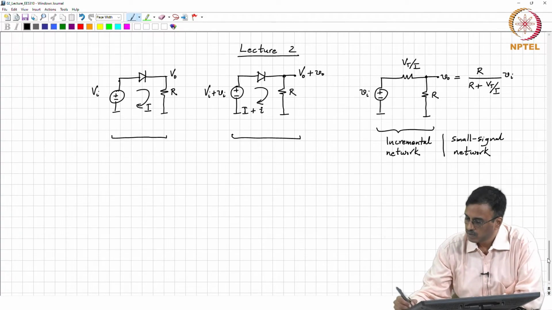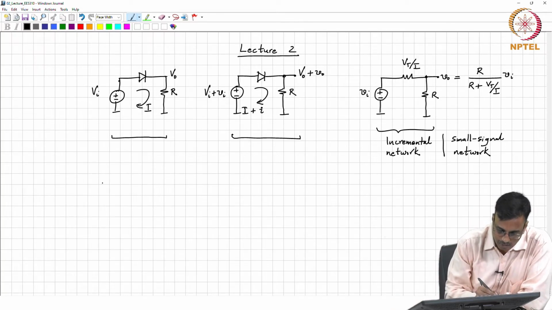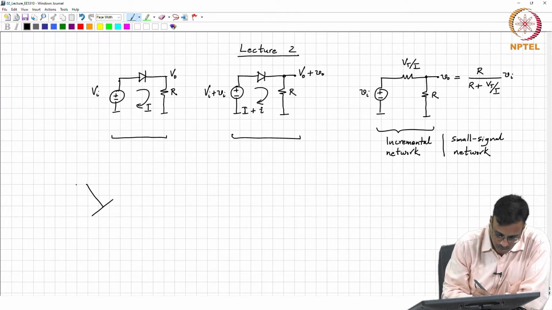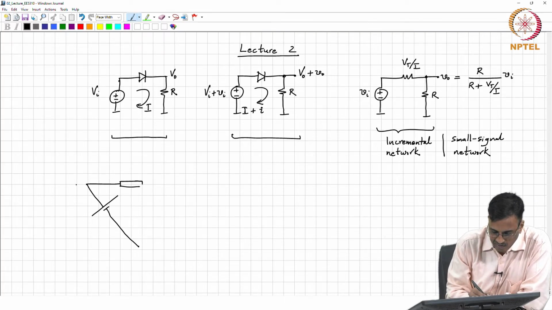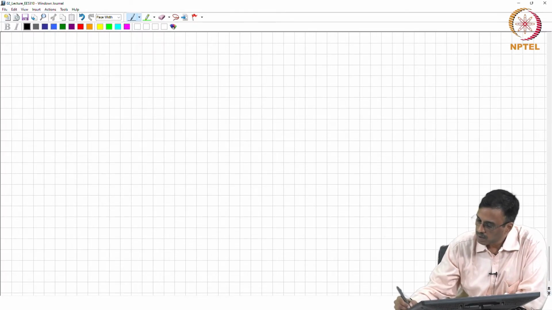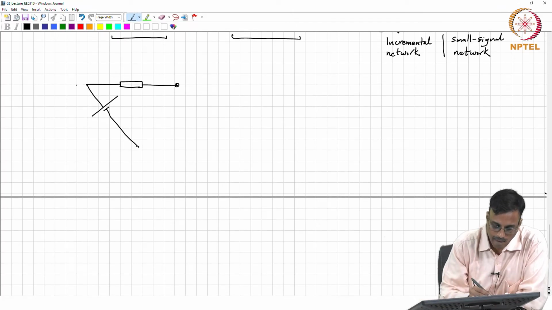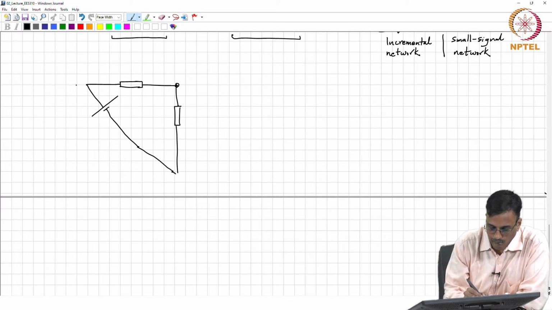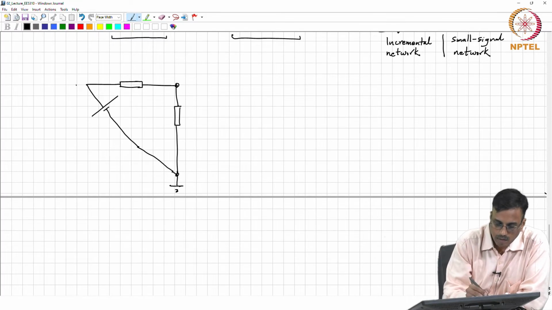But let's take a generic example, and all these elements could either be linear or non-linear. I am just taking some picture like this.